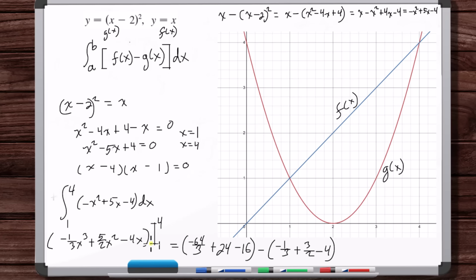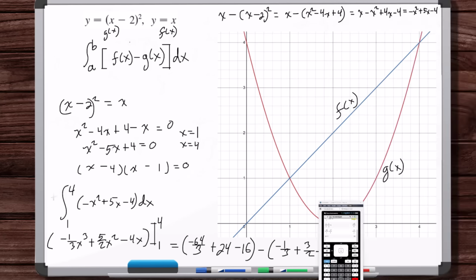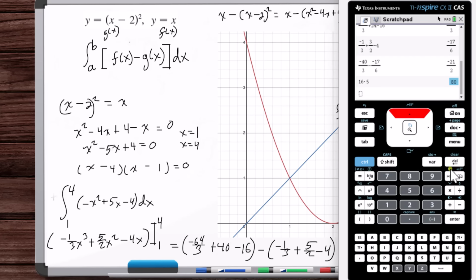Plus 5x would be 5/2 x squared. Okay, so in that case, 16 times 5, 80 over 2, so 40. So this is 40. Okay, and then this would be 5/2. All right, so let's start this over.